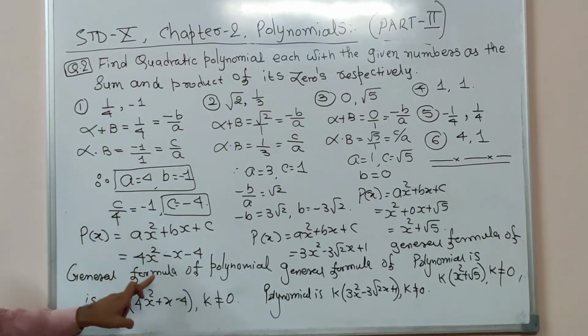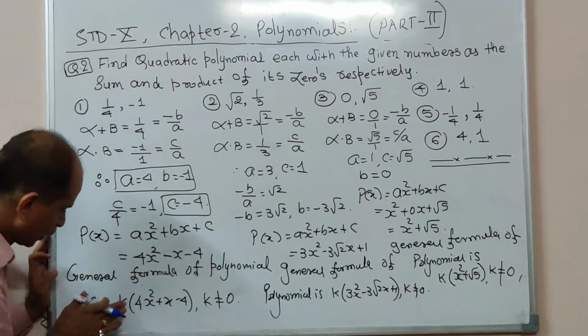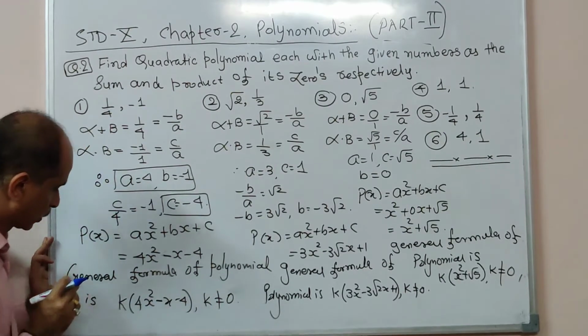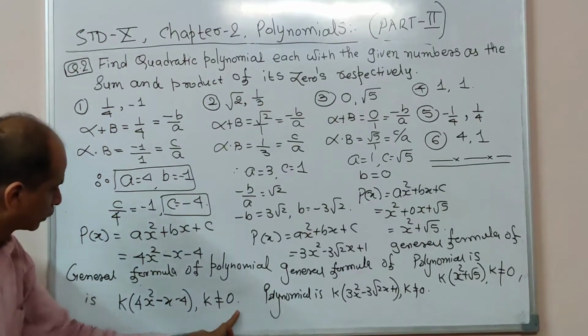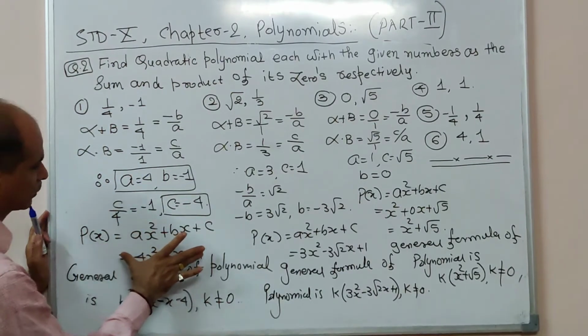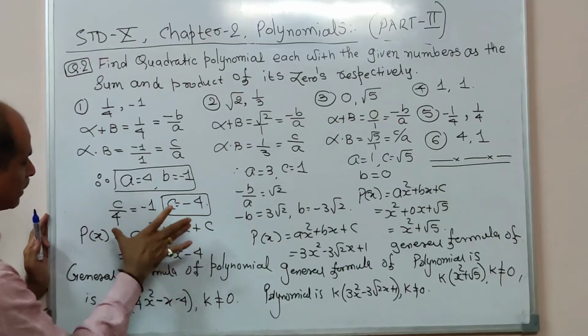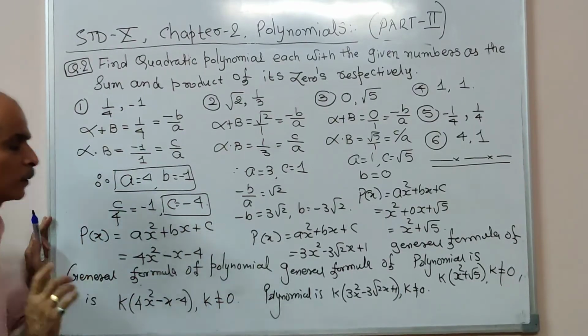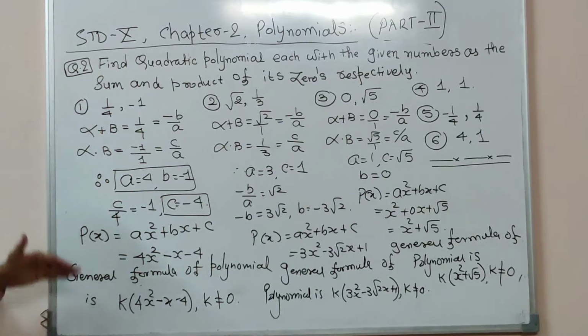The general form of the polynomial is k times 4x square minus x minus 4, where k is not equal to 0, because this is to find the general form, you have to multiply your polynomial with k. So this is the procedure.